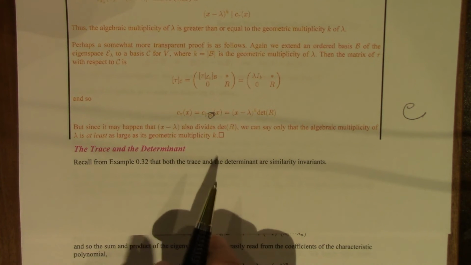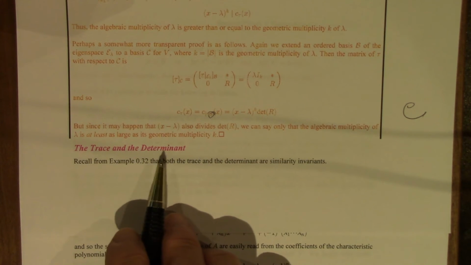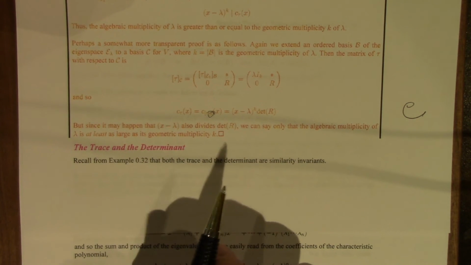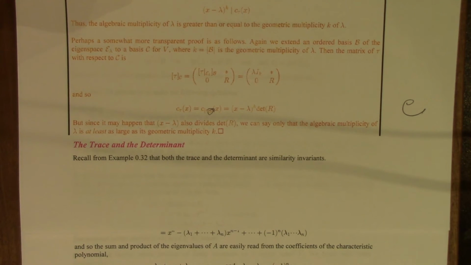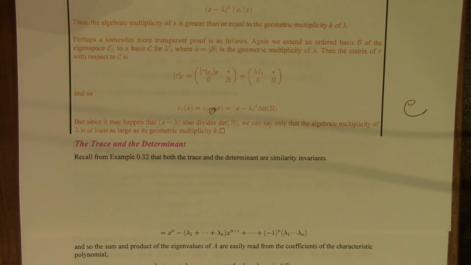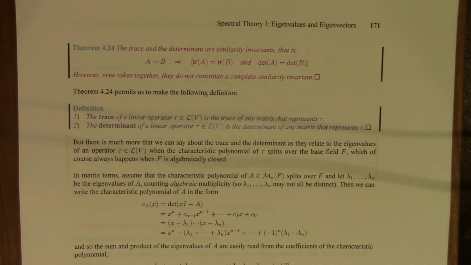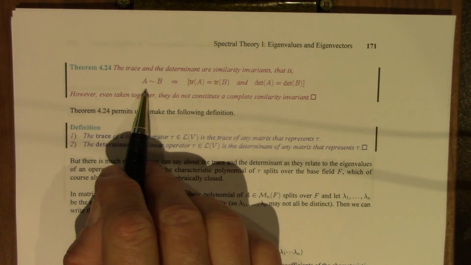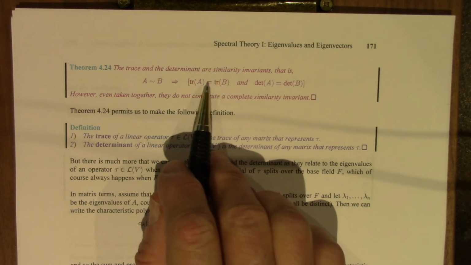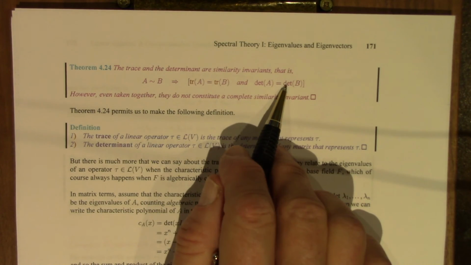Let's talk now about the trace and the determinant as it relates to eigenvalues. We saw in an example in chapter 0 that both the trace and the determinant are similarity invariants. That if A and B are similar, they have the same trace and the same determinant.